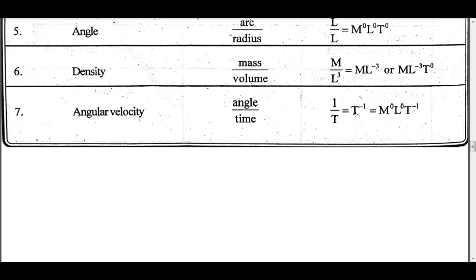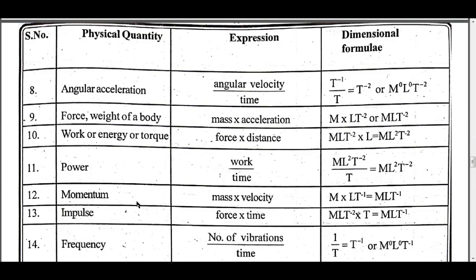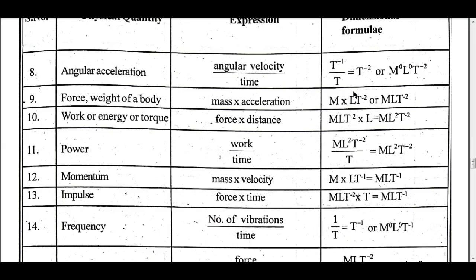And next one, angular acceleration, angular velocity by time, that is T power minus 1 by time, that is T power minus 2. For force, very important, force F equals m into a, that is mass into acceleration. For mass it is M, for acceleration L T power minus 2. So the dimensional formula, very important, for force is M L T power minus 2.